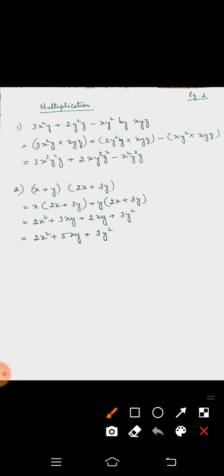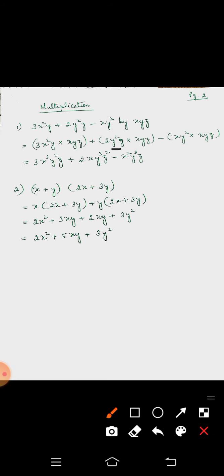All right, let us see the second term, 2y square z into xyz. Okay, now here the value is 1. 2 ones are 2. All right, and here you do not have x, here only one x, therefore only one x is written.